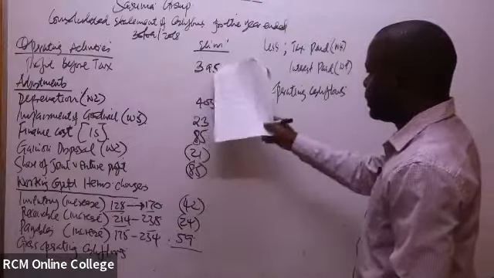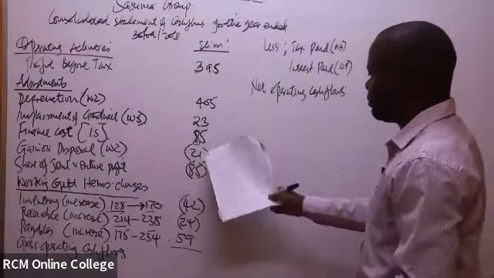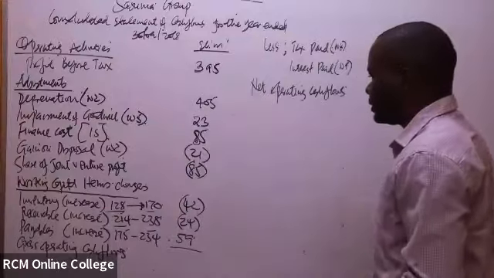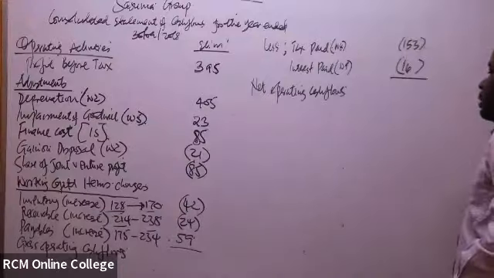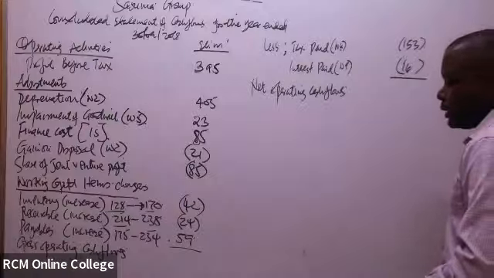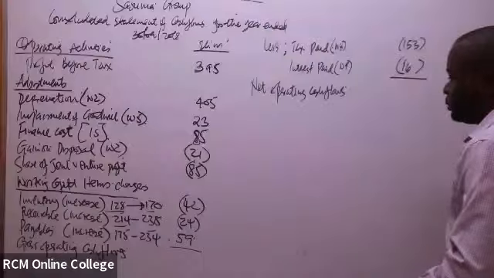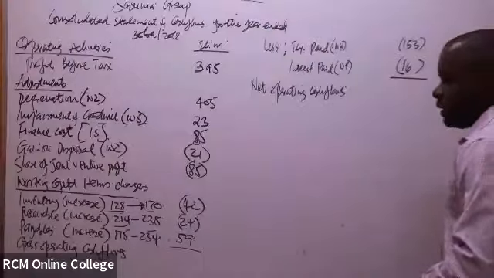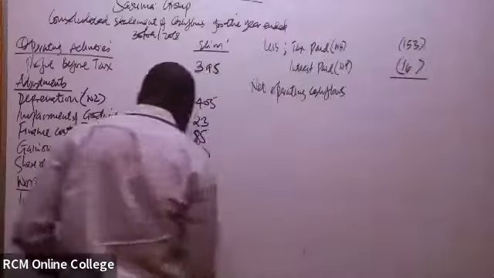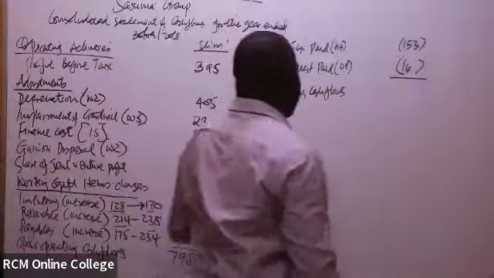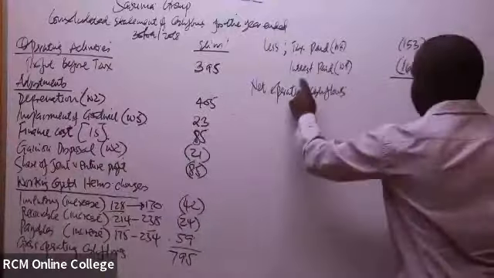If you add 395 plus 45 plus 23 plus 85, minus this, minus this, minus this, minus this, plus this, you get the gross operating cash flows of 795. So 795, you less the tax paid and the interest paid.